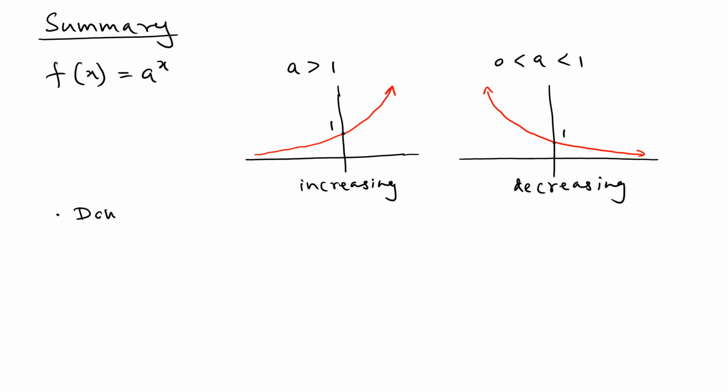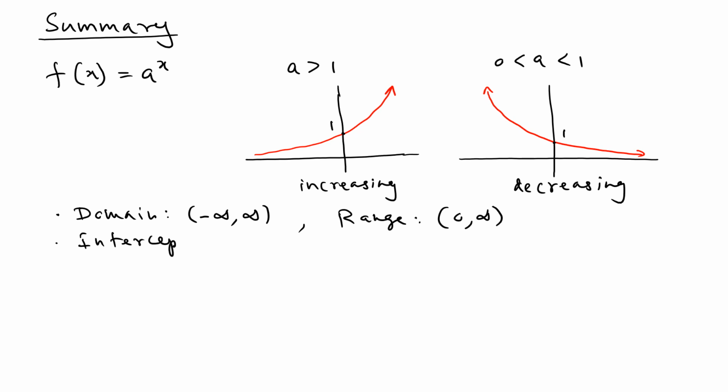The domain for both is negative infinity to infinity, the range is from 0 to infinity, and the intercept is 0, 1, and then y equals 0 is a horizontal asymptote, and then they are one-to-one functions.